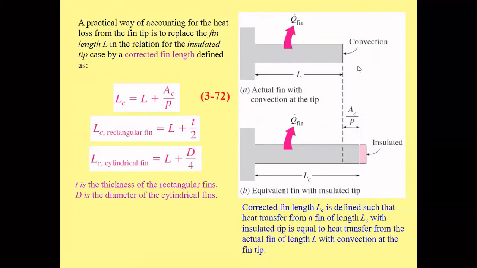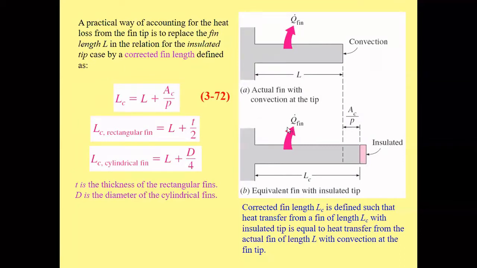Okay, so let's see two conditions. The first one is when we say there is a convection at the fin tip, right? And the second one is when we say there is no heat loss from the fin tip.